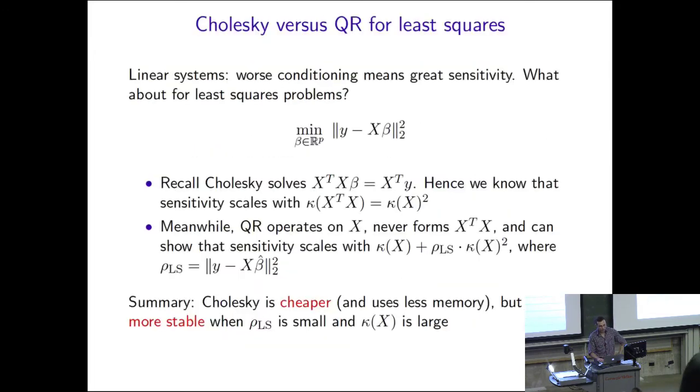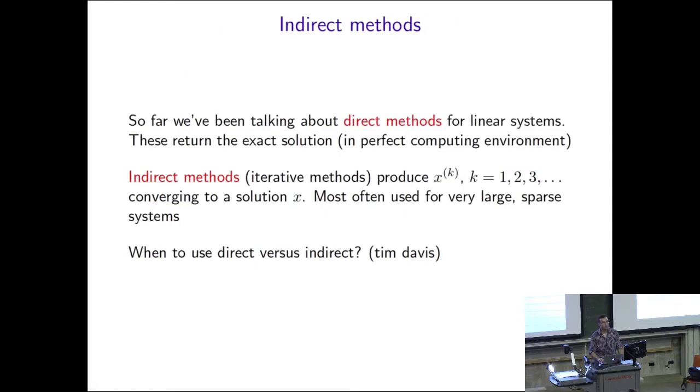The counterpart to a direct method is an indirect method, which is more aligned with everything you've learned so far in the course. These are methods that produce a sequence of estimates, or iterates. We call them xk, just like we could think about with all of our methods so far, that will converge to a solution as k goes to infinity. They are most often used for very large and sparse systems. Everything you've learned so far in the course for optimization, from gradient descent through proximal Newton, these are all iterative methods.